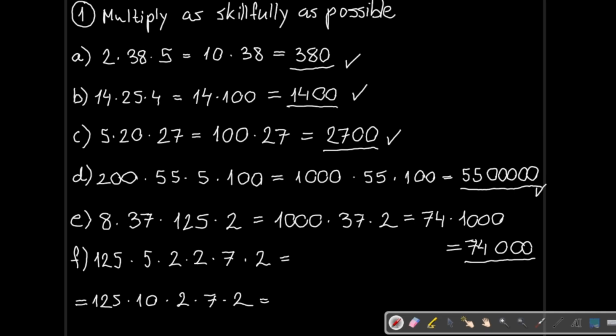Now we know that if we multiply 125 here by 2, that will give us 250, and then multiplying it by 2 again, that will give us 500.